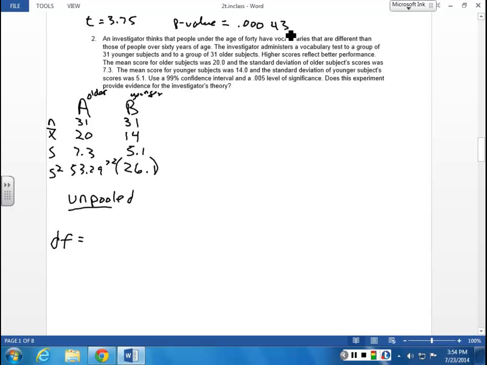And also there it'll have degrees of freedom is 53.65. Well, just get rid of the decimal part. Always round this down, so our degrees of freedom will be 53.